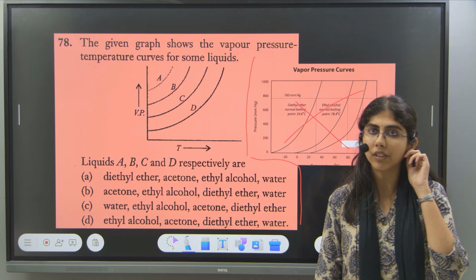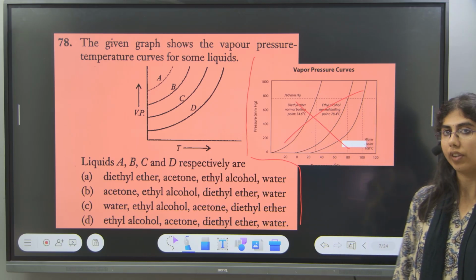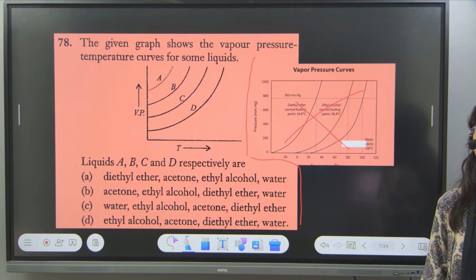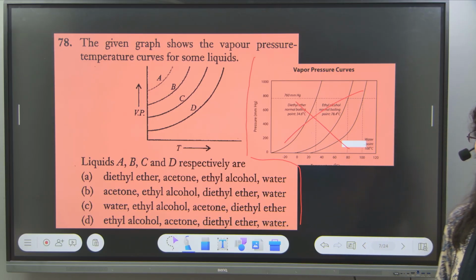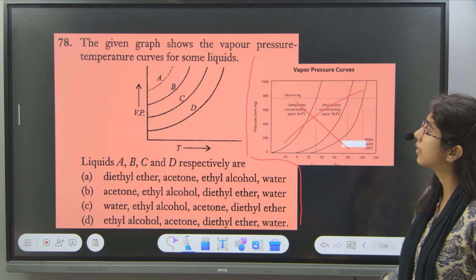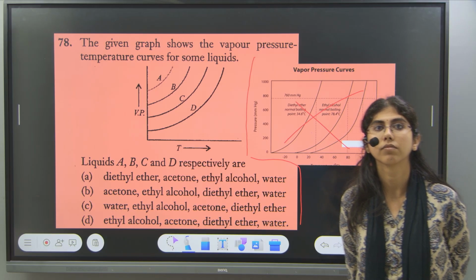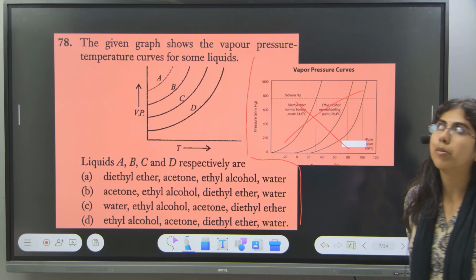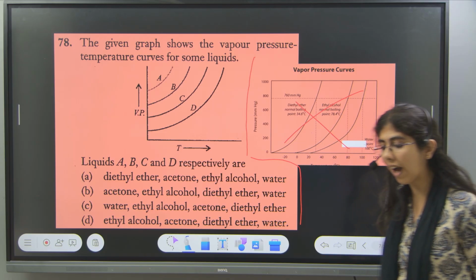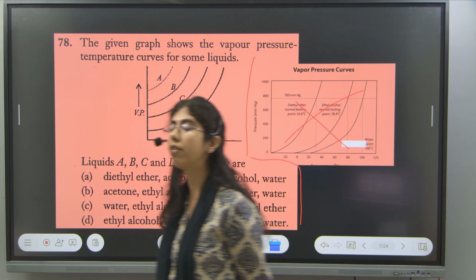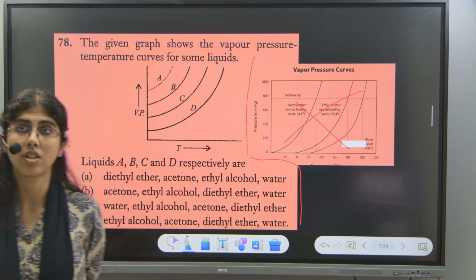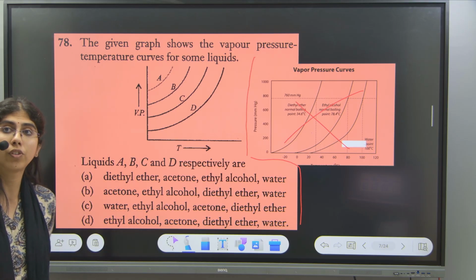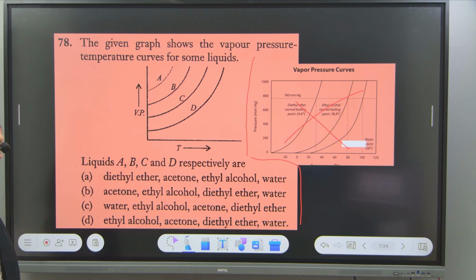Some liquids, the vapor pressure versus temperature curve they have given. Which is the correct one? You have to apply the concept. I'm going to give you one clue: you have to apply the concept of intermolecular attractive forces over here. Based on that concept, you'll be able to answer.